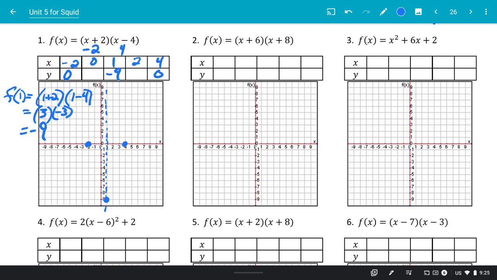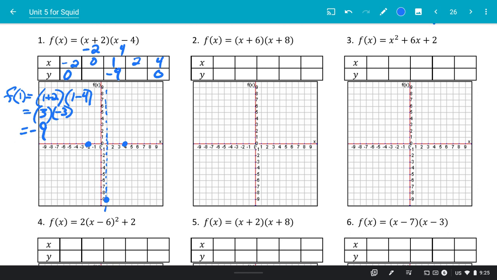Now, let me ask the question. Let's see how many of you are actually keeping up with this. Do I actually have to put in 0 and 2 to find my outputs? Why not? Somebody? Why don't I have to put them in? Because I can just use my A value, right?